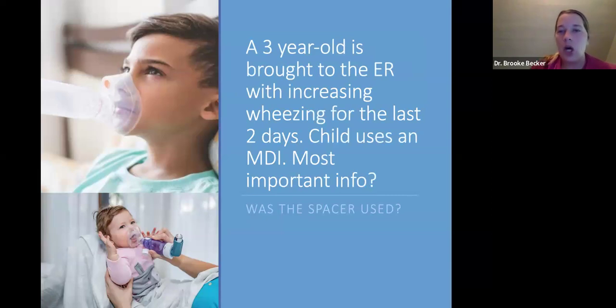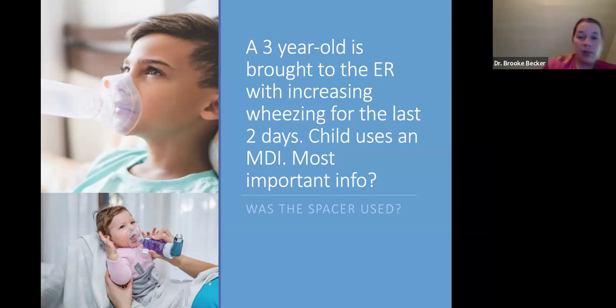Okay. So a child who has asthma is having worsening wheezing for the last couple days. They use an inhaler. What's your most important question? It is asking if they use their spacer with their MDI.